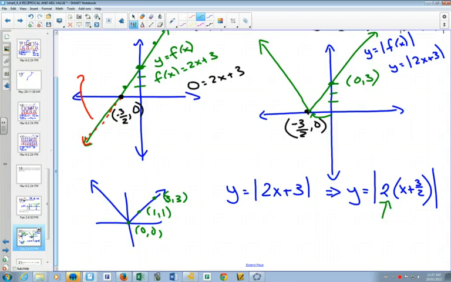And if I had taken 3 comma 3, first multiplied it by a half, and then moved it 3 over 2 to the left, I would get 0 comma 3. I think graphing the original line and flipping it up is easier in this case than doing our transformations unit. So it's a new tool.